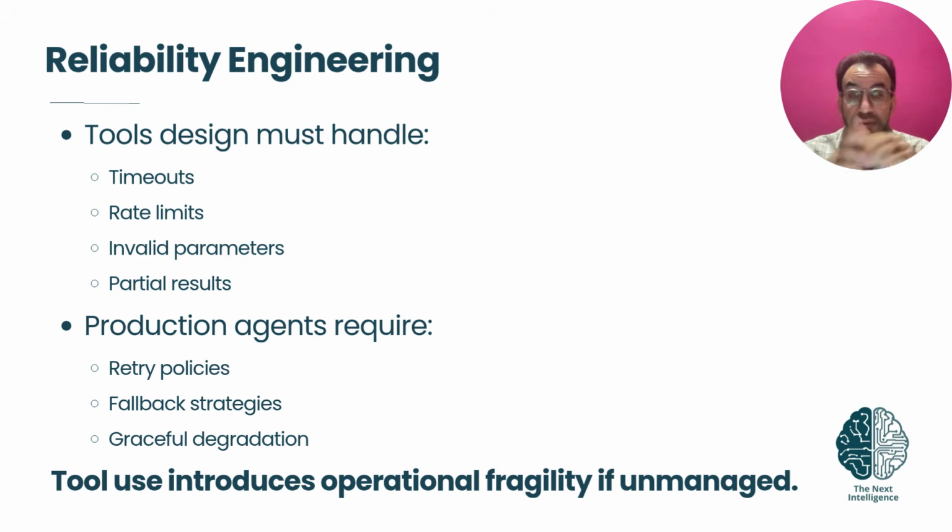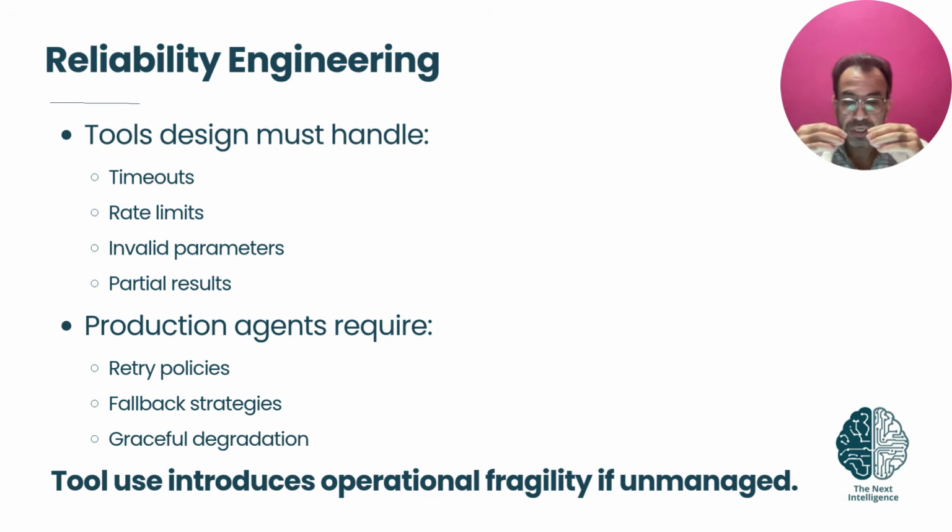Moreover, reliability must be engineered. Tool design must handle timeouts, rate limits, invalid parameters, partial results, and so on. It must handle all of these things by design, not by guessing. And in production systems, we will have to implement retry policies, fallback strategies, graceful degradation, and so on.